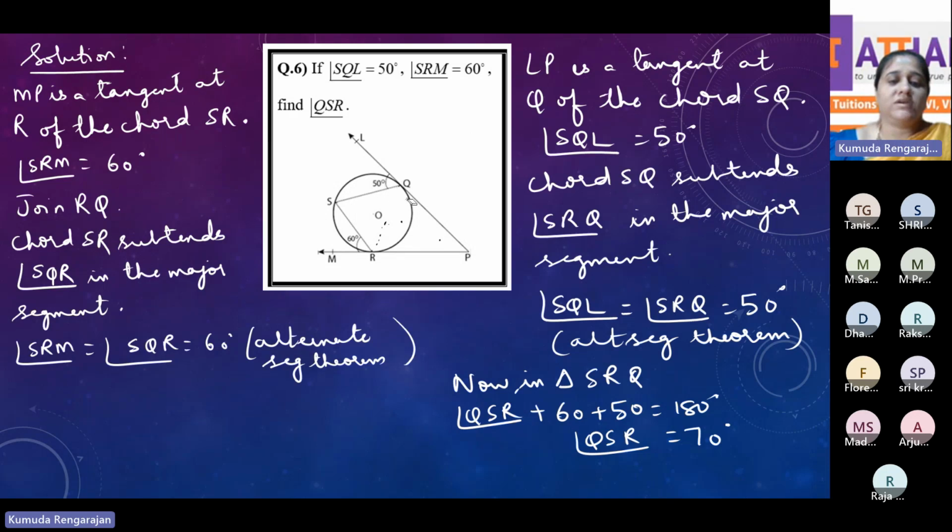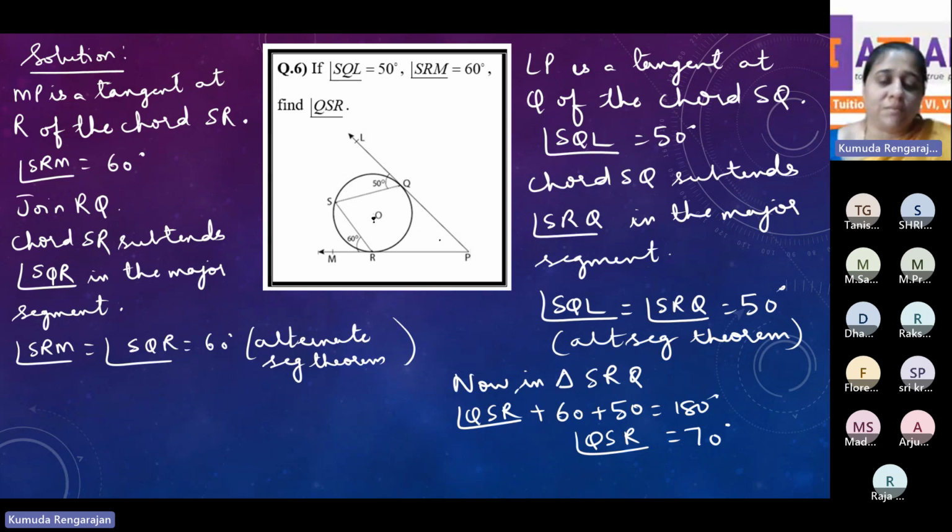So the alternate working, children. See here, for the same situation, without using the alternate segment theorem. What we saw here, we found QSR is 70 degrees using the alternate segment theorem.